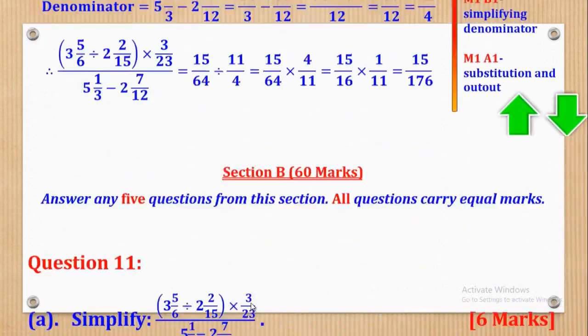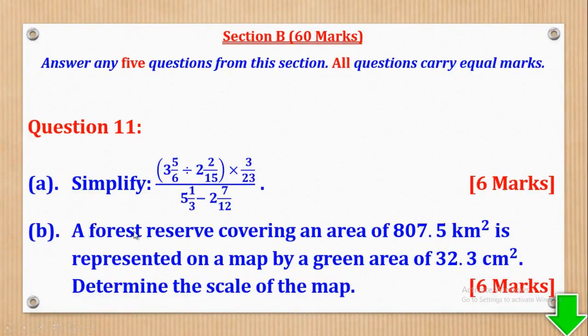Now part B said a forest reserve covering an area of 108.5 kilometers squared is represented on a map by a green area of 32.3 centimeters squared. Determine the scale of the map. So this is equivalent to that.